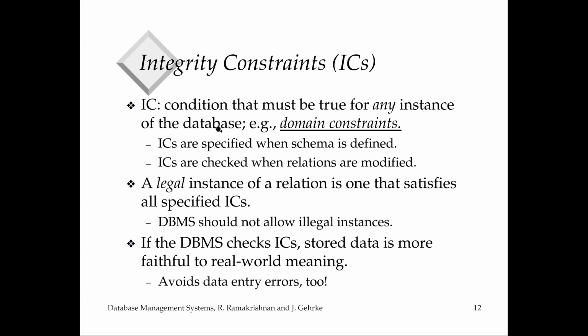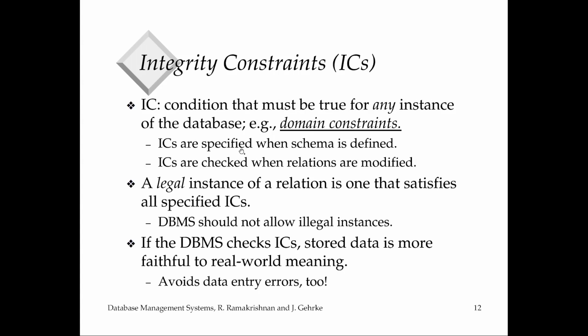So you can think of integrity constraints as checks, kind of like validation rules or validation checks you put in place to make sure that there is no strange data or data that does not conform to the way you expect inside the database.